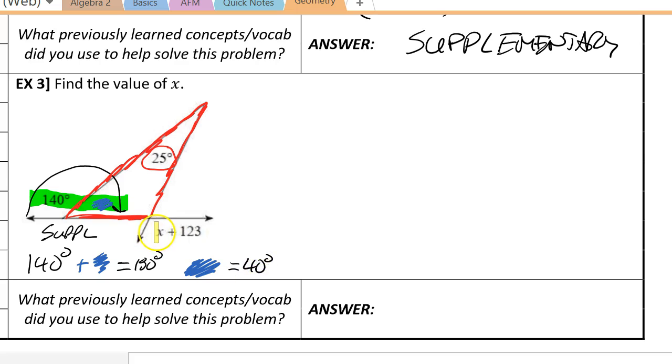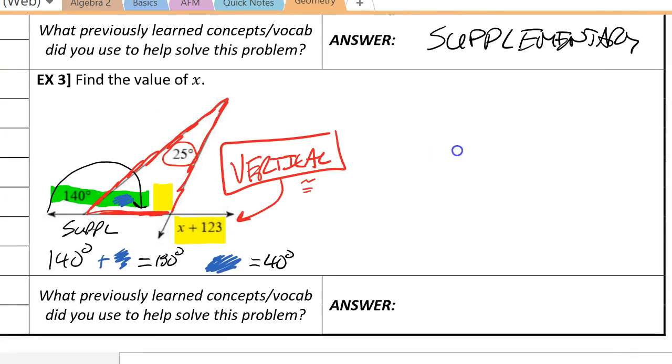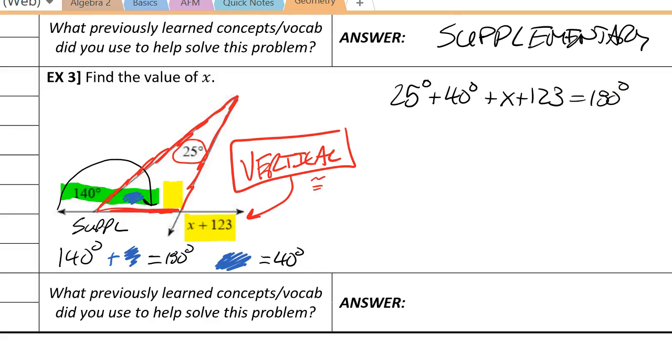Additionally, if I take a look at x plus 123, this angle is outside my triangle, but it is actually congruent to this angle inside of the triangle by the relationship of vertical angles happening there, which we know are congruent. So looking at my red triangle, I now know all three angle measures. 25 degrees plus 40 degrees plus x plus 123 is equal to 180 degrees.